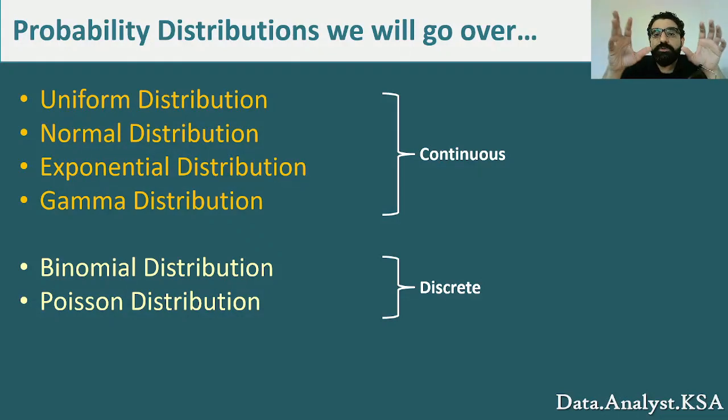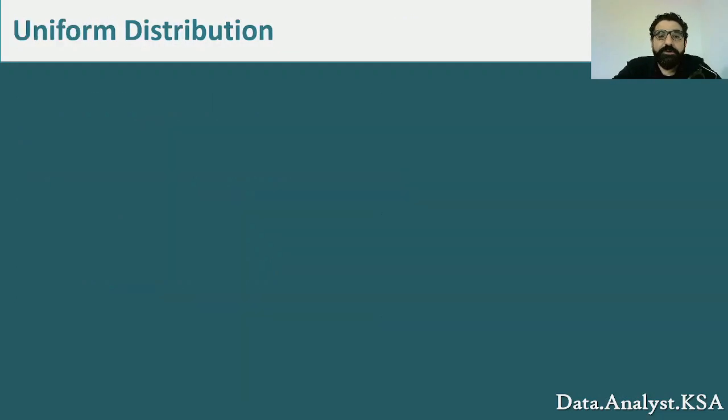So probability distributions split into continuous distributions and discrete distributions, and as mentioned in the previous video, the continuous have probability density functions and the discrete have probability mass functions. If you don't understand this very well, you can go through the previous video to make your understanding very intuitive. So without further ado, let's jump into the uniform distribution.